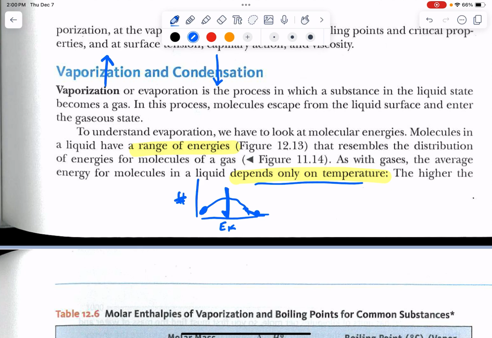But since you have a whole range of particles, you might have some particles that have enough energy, even when the outdoor temperature is cold, to evaporate and escape into the vapor state.